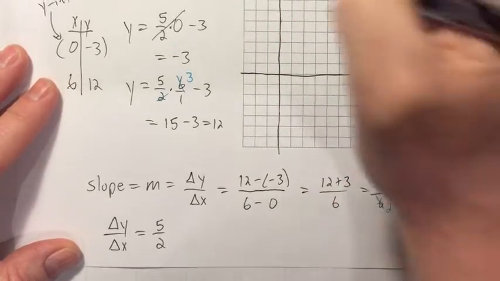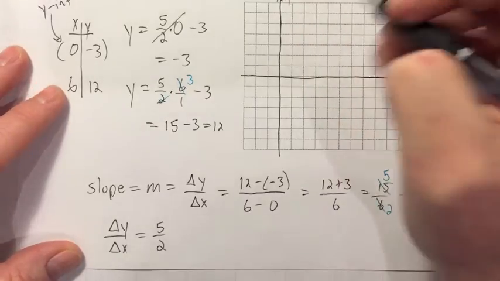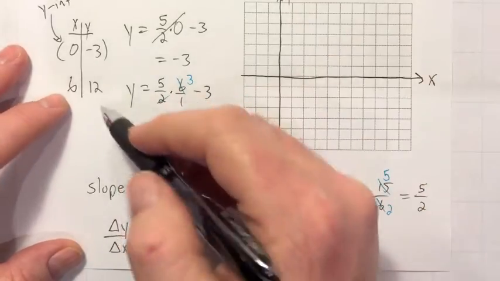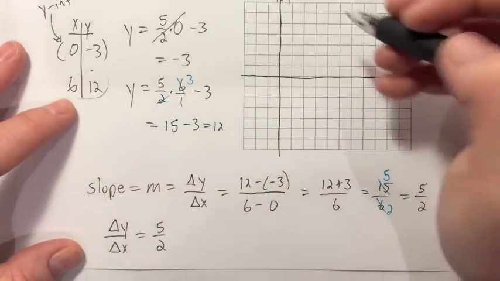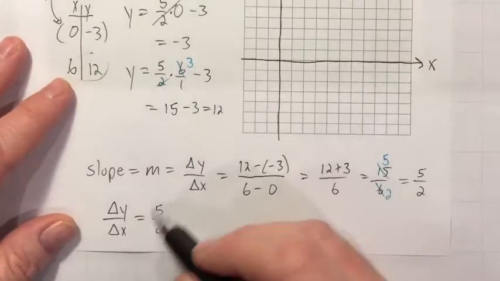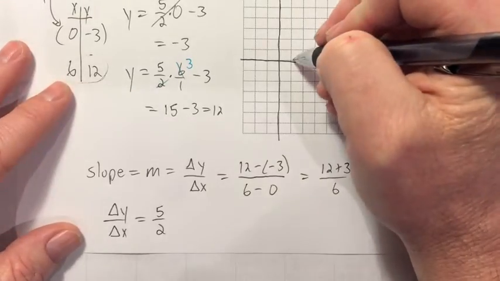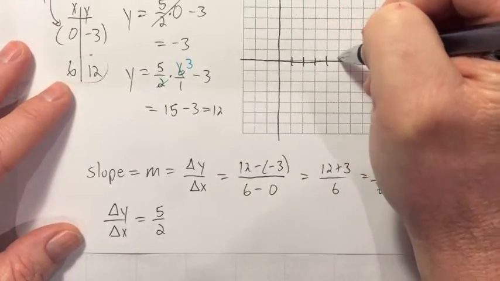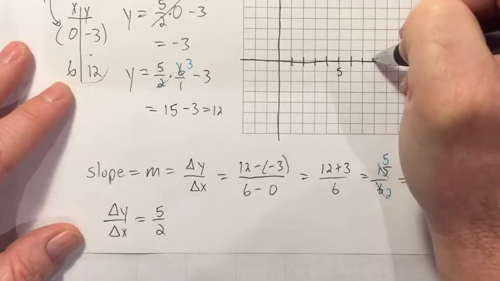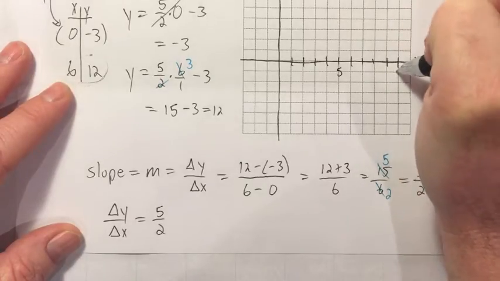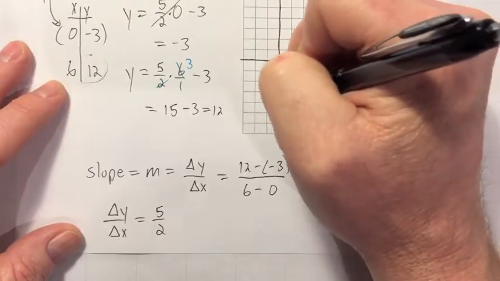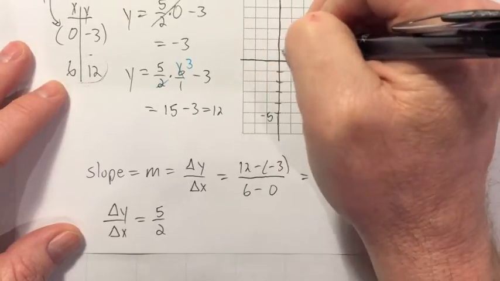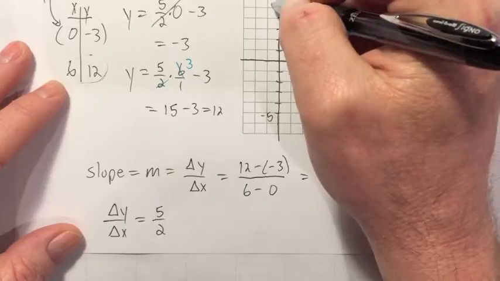So here's my x and my y, and I think none of the numbers, well, this number's big, but we don't have to plot that number. We just have to graph our line. So these numbers are small, so I'm going to just number in ones. 1, 2, 3, 4, 5, 6, 7, 8, 9, 10. And then 1, 2, 3, 4, -5, and 1, 2, 3, 4, 5.